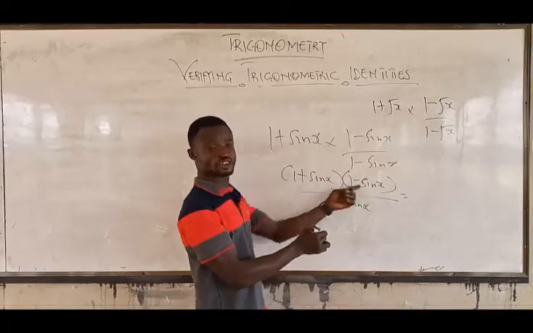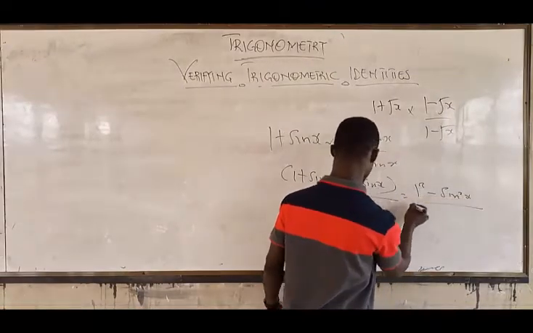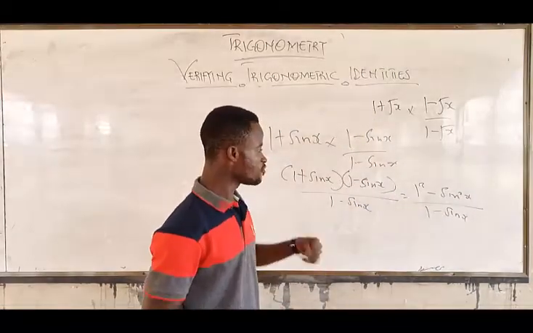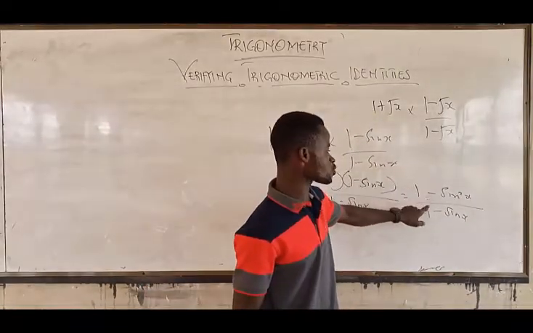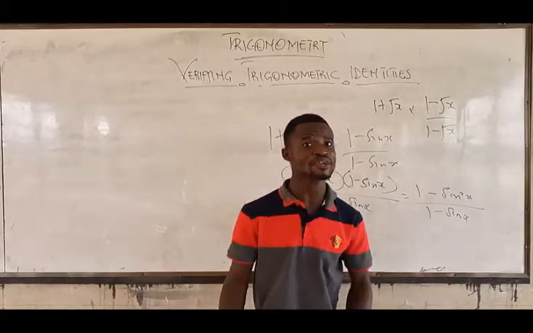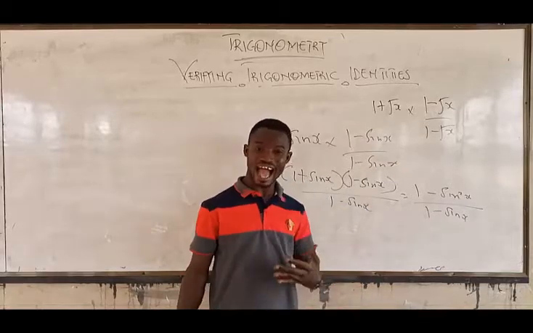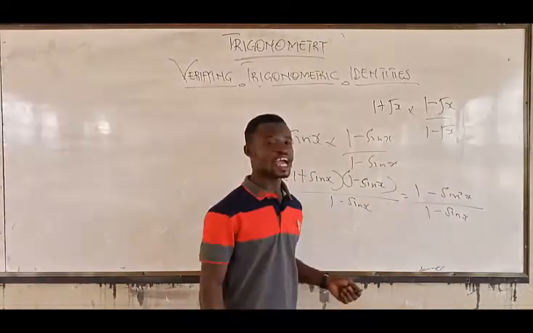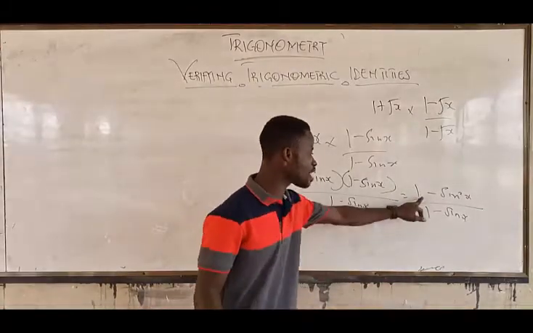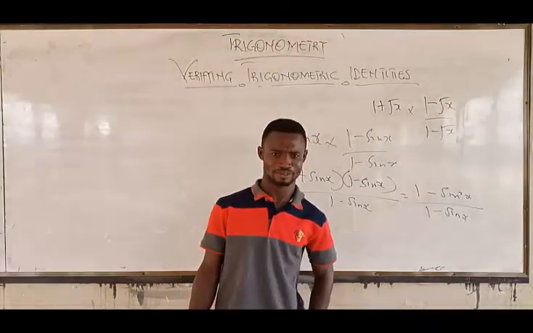The numerator is a difference of two squares, that is 1 square minus sine square x. And 1 square is the same as 1, and 1 minus sine square x is a fundamental identity, the Pythagorean identity, and this is the same as cos square x. I hope this is interesting.